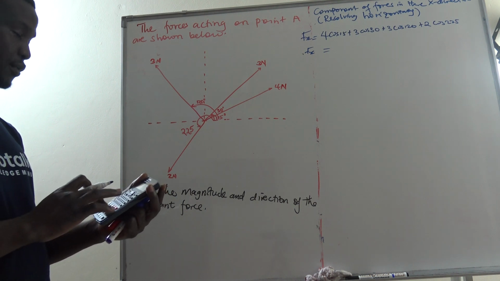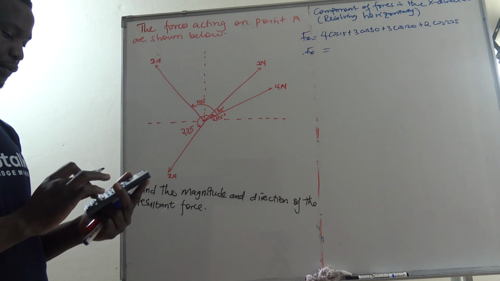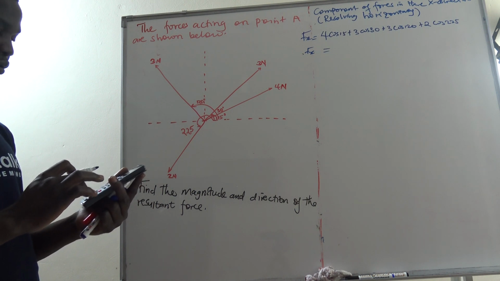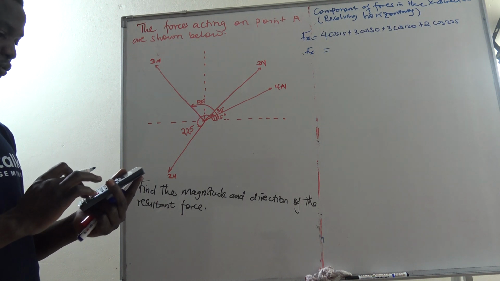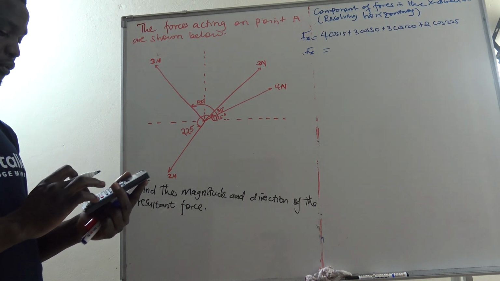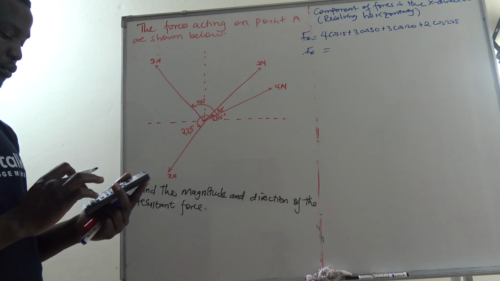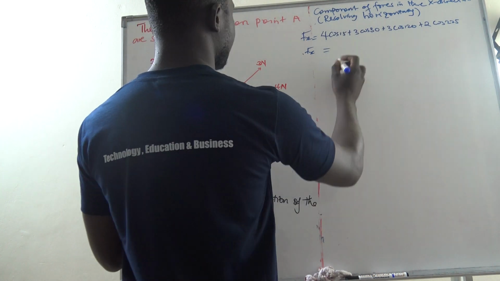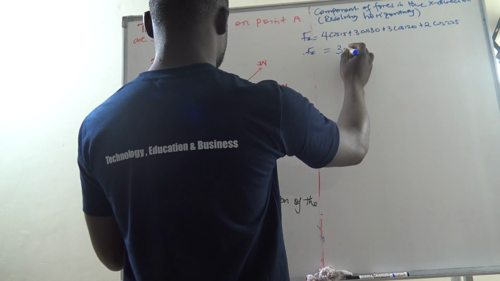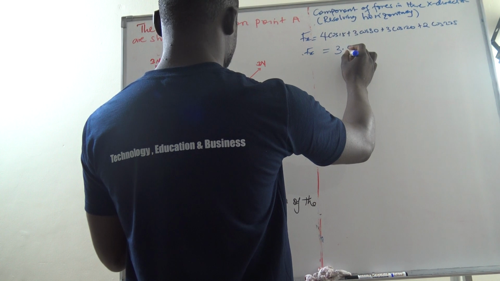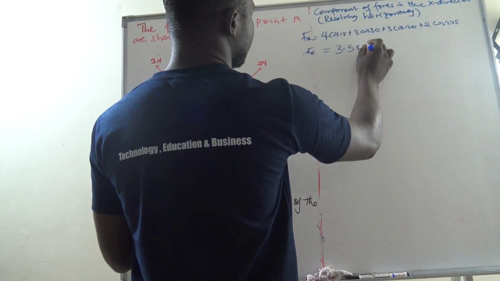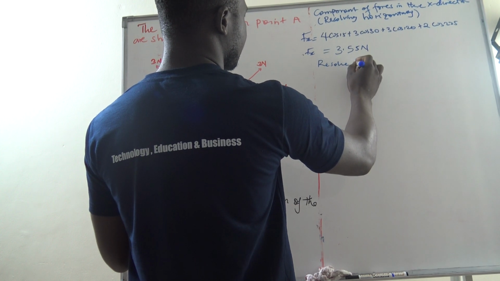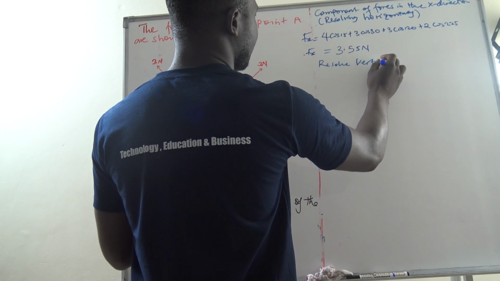This is 4 cos 15 plus 3 cos 30 plus 3 cos 120 plus 2 cos 225, and this gives us 3.55 newtons.